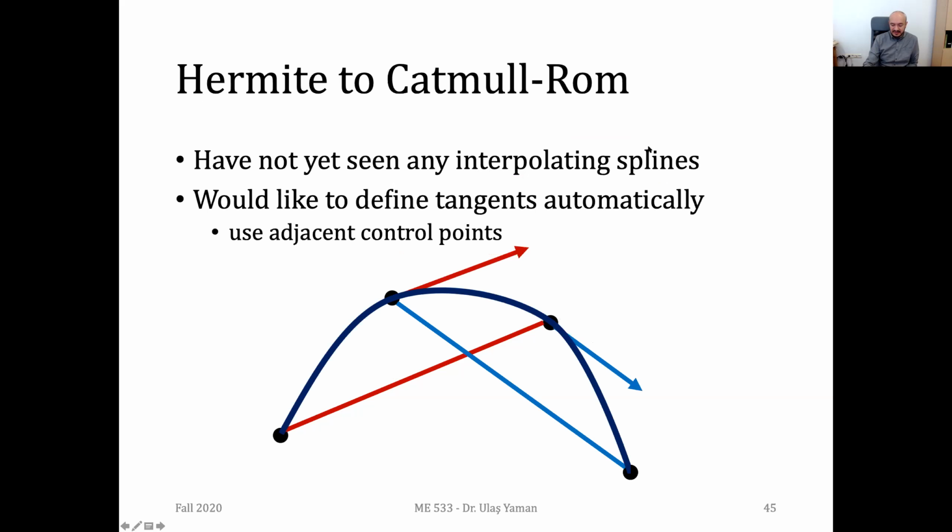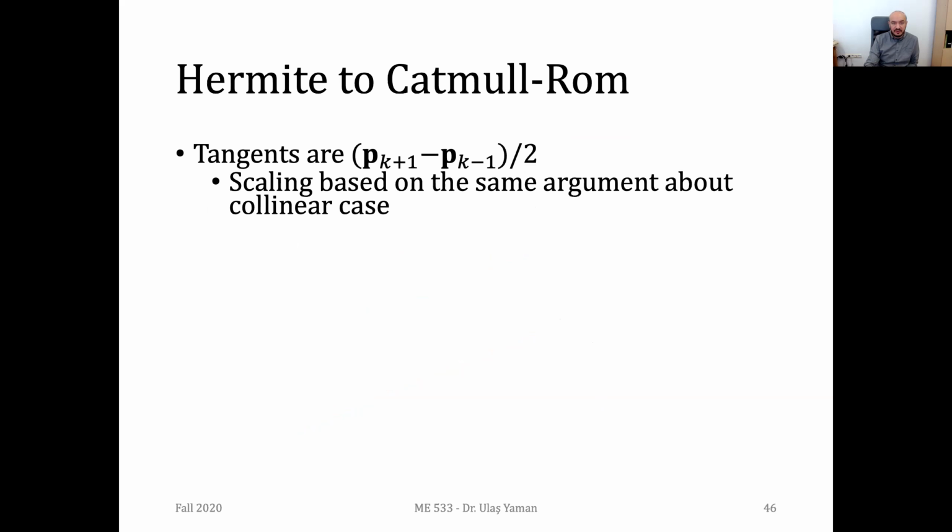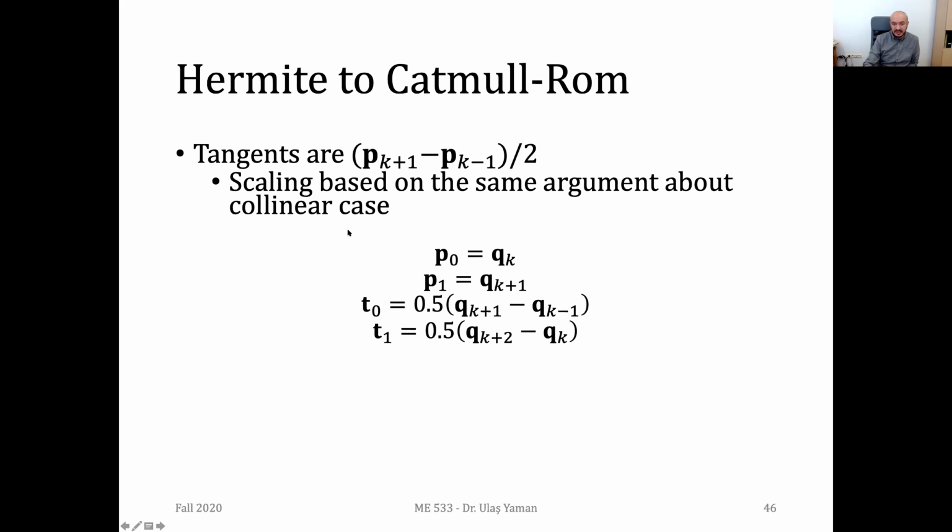Now have a look at the math behind this approach. We obtain the tangents as a subtraction between the adjacent points, scaled by half. So these are our control points, and we have two extra control things, not points this time.